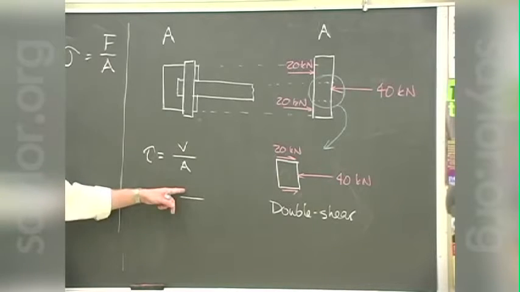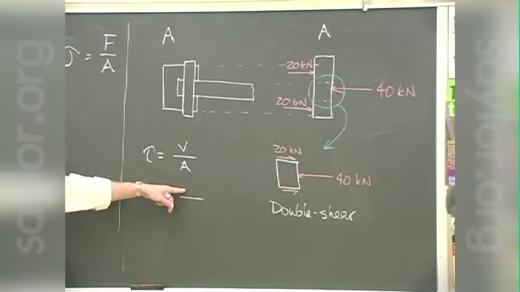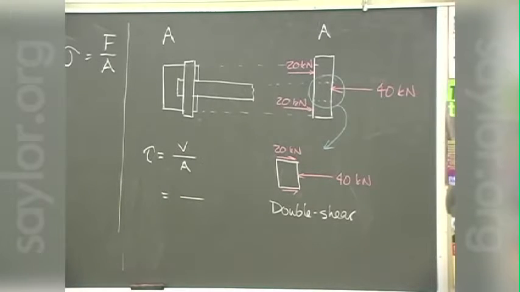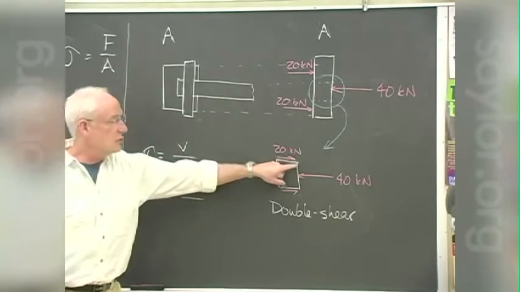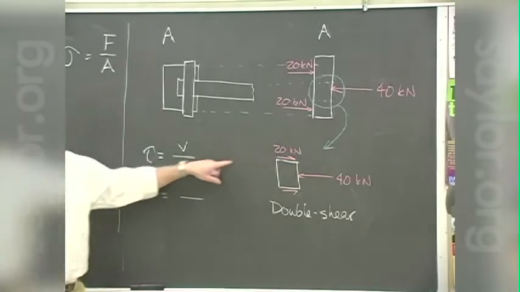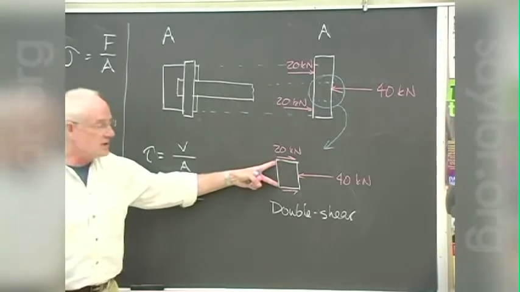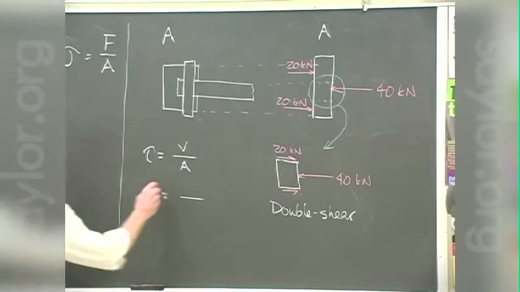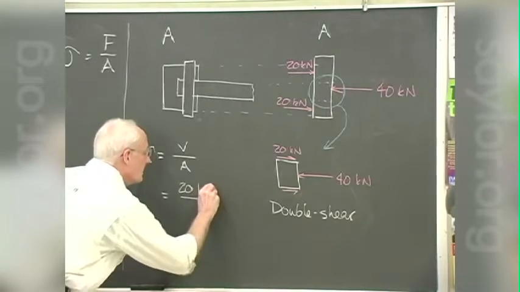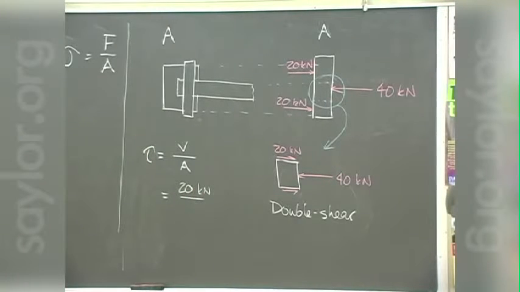Do I put in 20 kilonewtons here, or do I put in 40? What's your feeling? It depends on what area is put in. If I put in the 20, then I put in just one of these areas withstanding that 20. If I put in the full 40, I've got two areas withstanding that, but either way the ratio comes out to be the same. It's the force being resisted divided by the area resisting it.